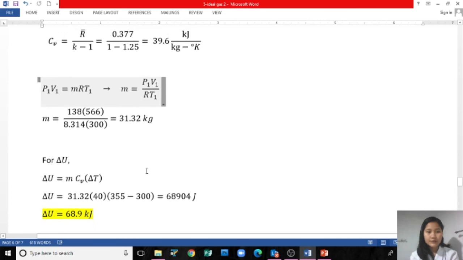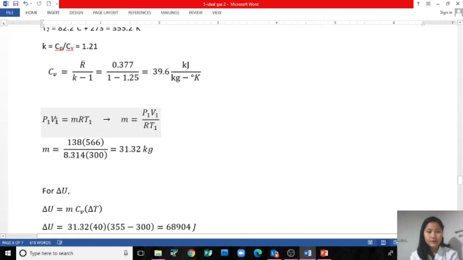Now, in order to solve for the mass, we're going to use the ideal gas law. The formula is P1 V1 equal to mass times the R times T sub 1. So transforming this equation, we have the mass equal to P1 V1 divided by R times T sub 1.